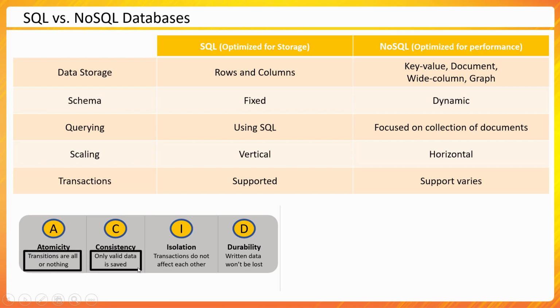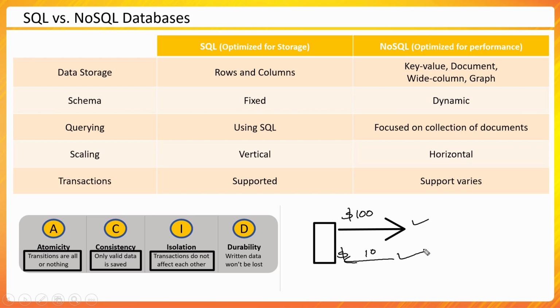If there is inconsistency, it won't be tolerated, it won't be saved. Transactions do not affect each other. So from my account, if I initiated one transaction of transferring $100 and another transaction was to receive $10, they are both treated separately, and you would have durability, which means written data won't be lost. This is what we refer to as ACID compliance.